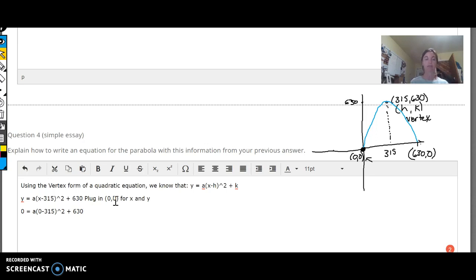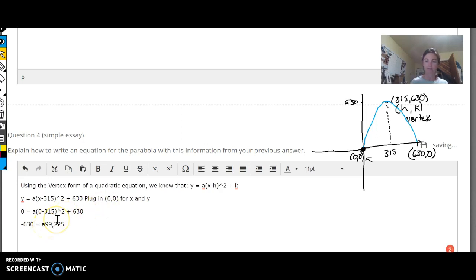I'm going to just go ahead and move that 630 to the other side right now. I'm going to say negative 630 equals a times 99,225.